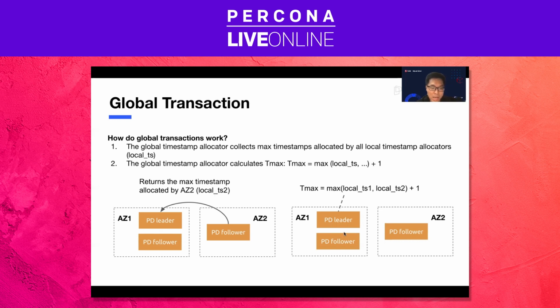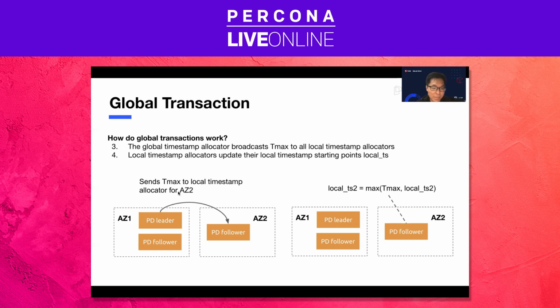Once the global timestamp allocator has gathered all the local TS, it calculates the Tmax for the cluster, which is the maximum local TS plus 1. So Tmax stands for the max allocated timestamp for the whole cluster.